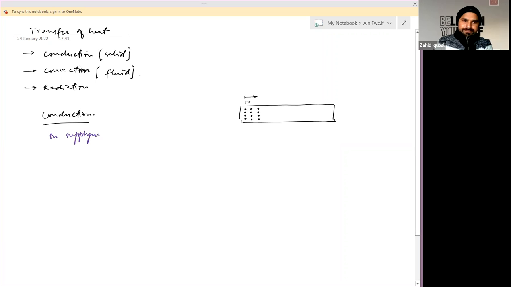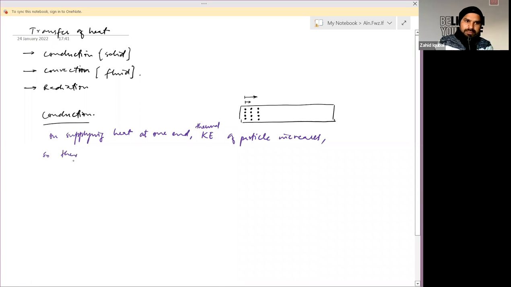So we can say for this conduction part, on supplying heat at one end, the thermal kinetic energy of particles increases.